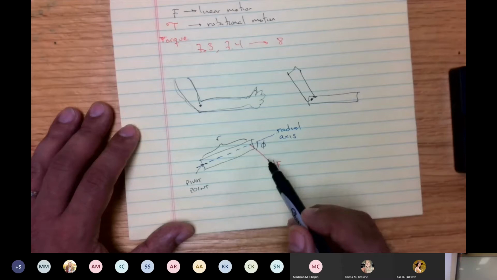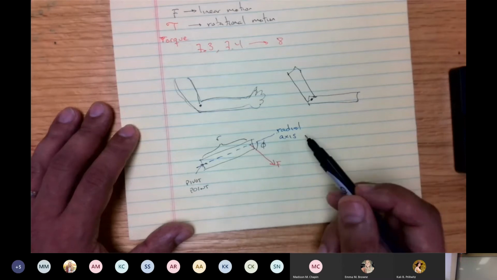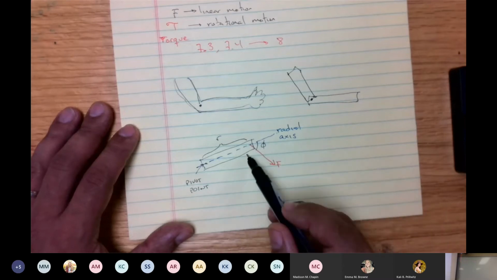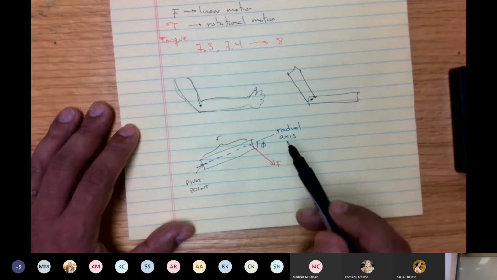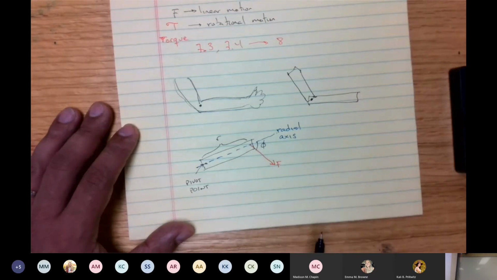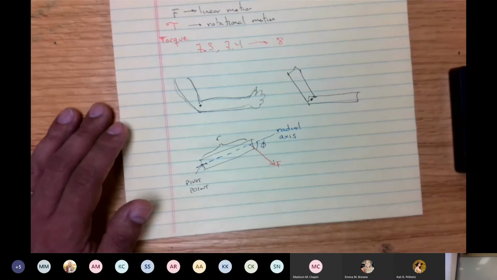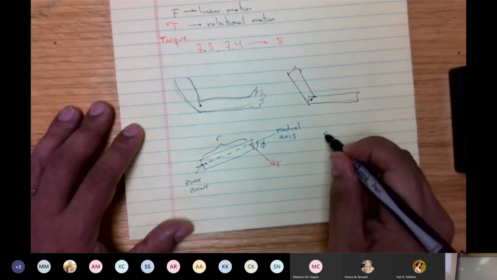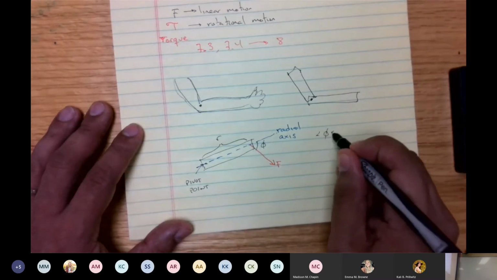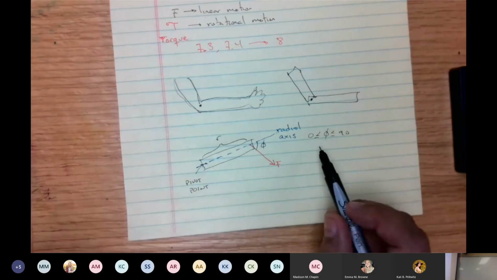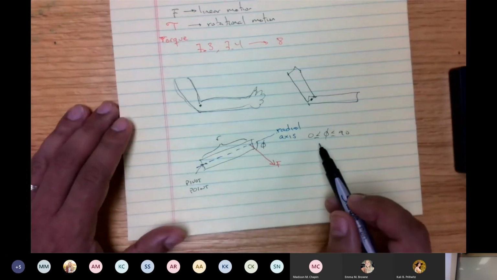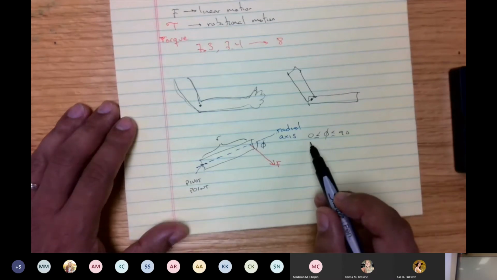There are two angles, this one and this other one. We're going to take the one that is less than 90 degrees. So we're going to assume that phi goes between 0 and 90 degrees.